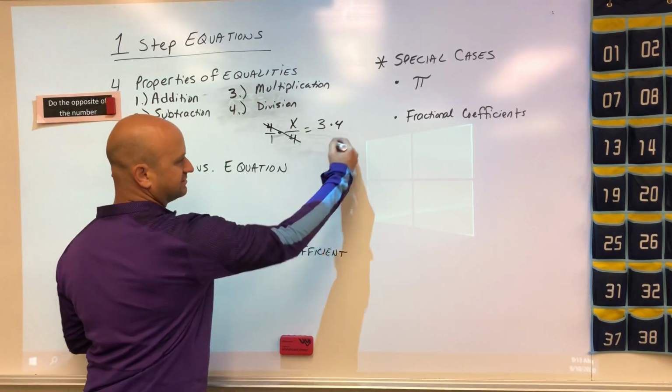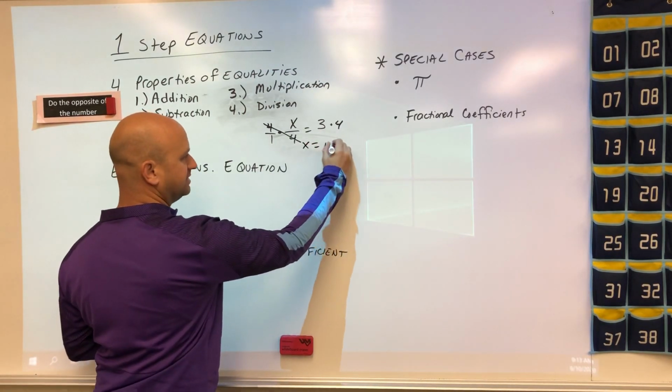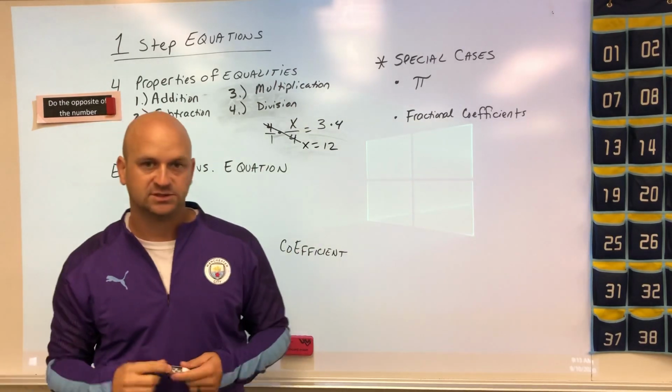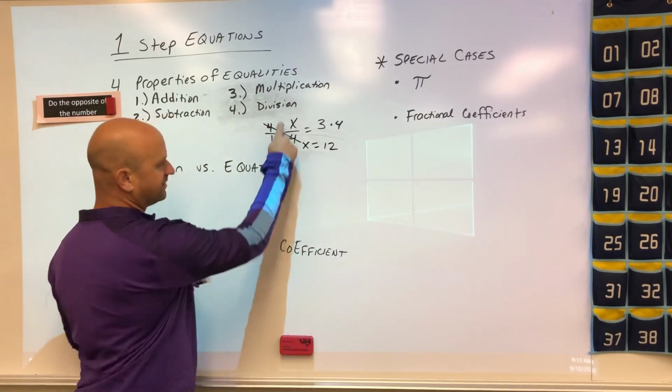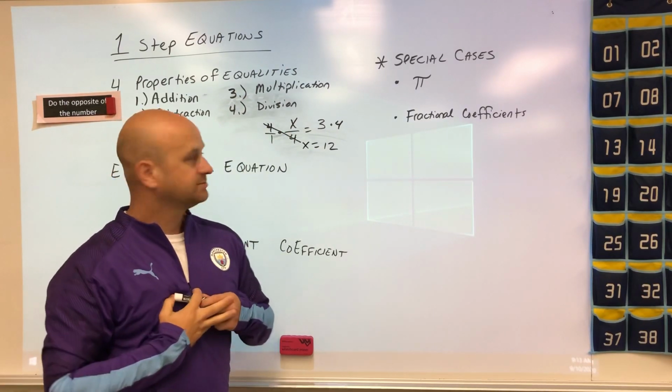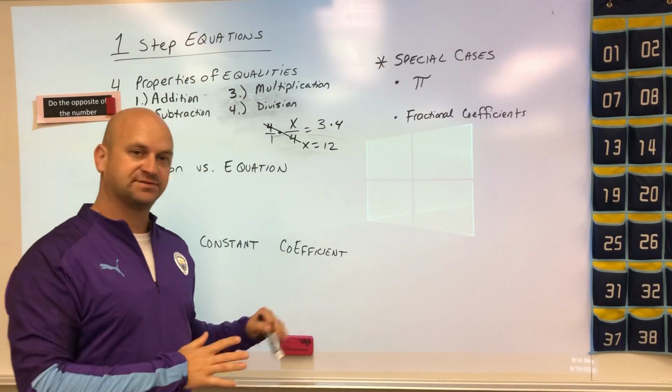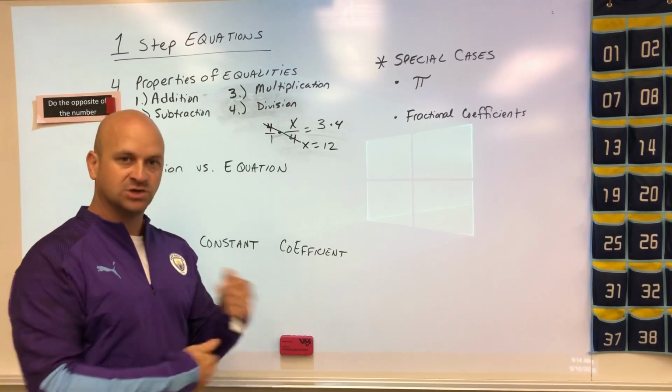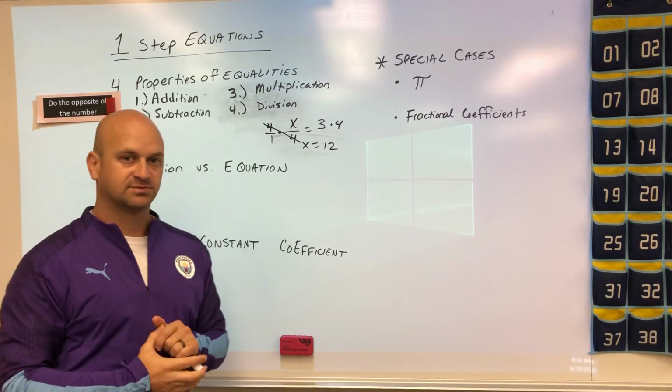Over here, this would give us 12, so our answer would end up being x equals 12. Okay, so this is the case where a fraction has a numerator that is actually 1. We'll talk about a special case in a minute where that's not going to happen, and we can do two different ways for those types of problems.